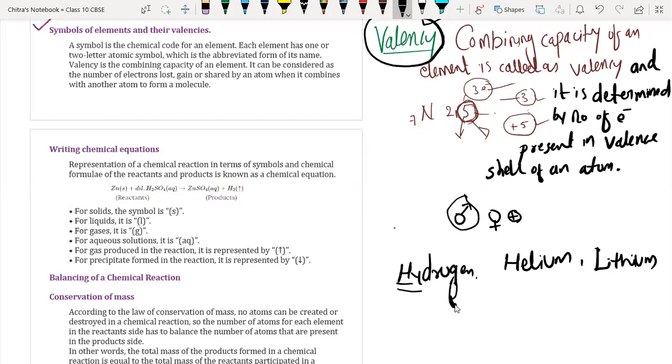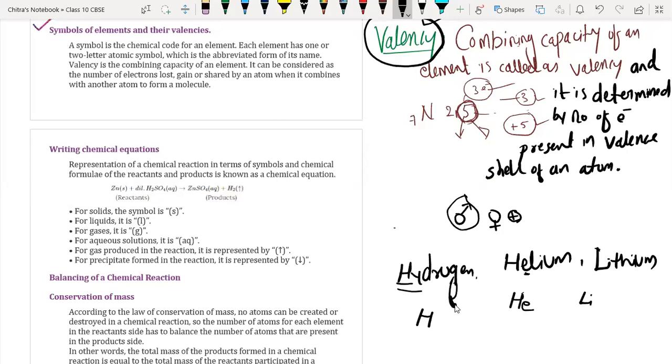So hydrogen is represented as H. Then helium, if we represent it by H, both symbols will be the same. That's why they took the second letter in small form. So helium is represented by He, then lithium is represented by Li, likewise.